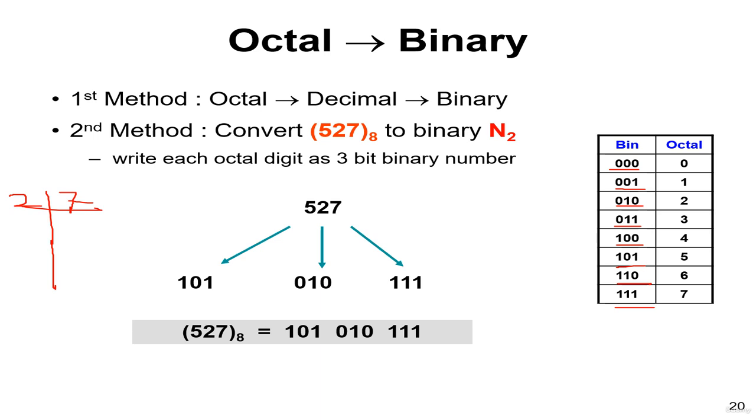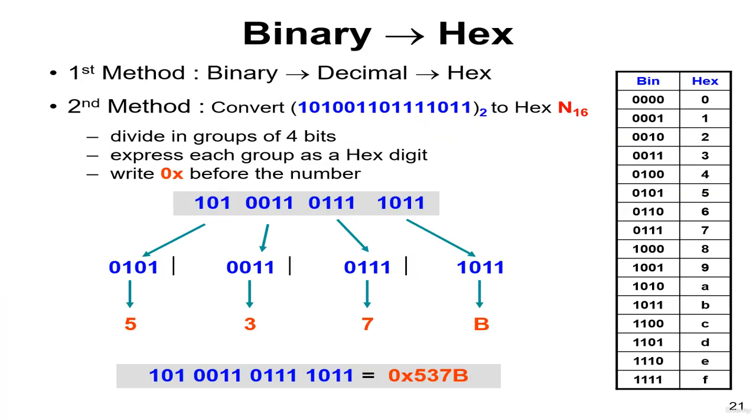So 2 threes are 6, which gives me a 1. Then 2 ones are 2, and it gives me a 1. So 7 is equivalent to 111. You can use a calculator for the conversion if you want. This is how these numbers are converted.